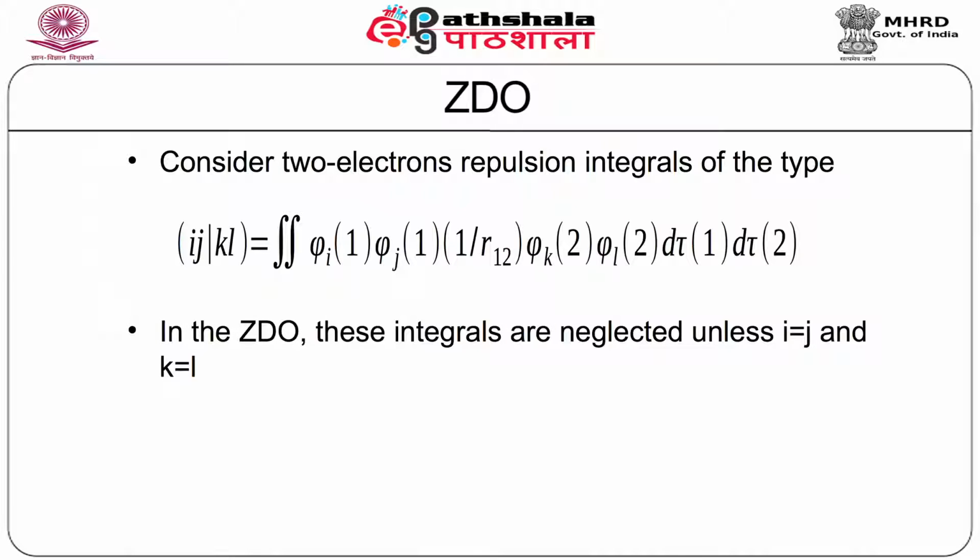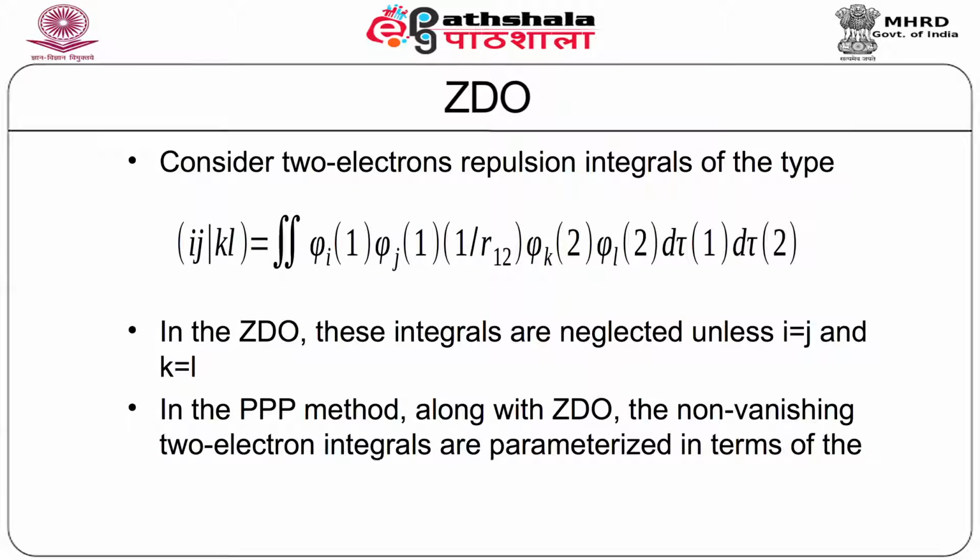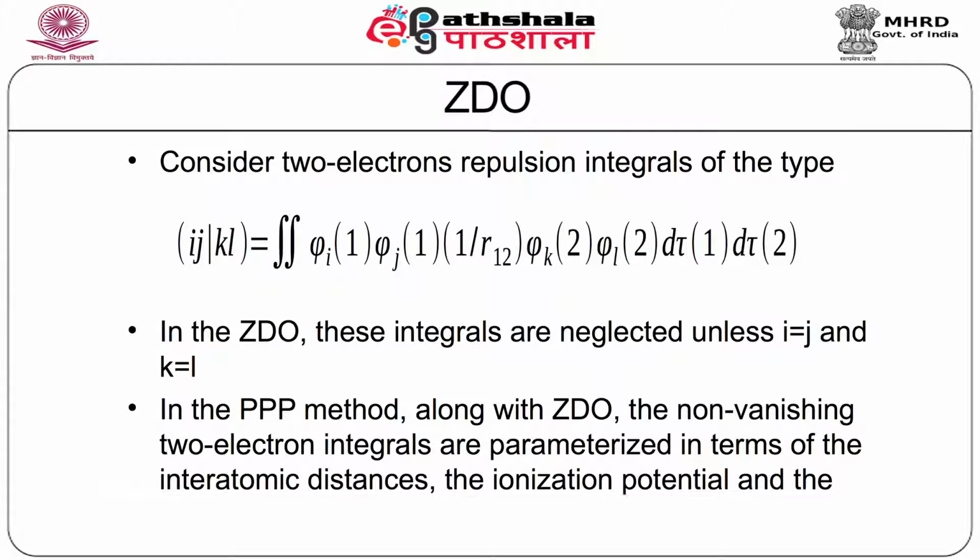In the zero differential overlap approximation, these integrals are neglected unless I equals J and K equals L. In the Pariser-Parr-Pople method, along with the ZDO approximation, the non-vanishing two electron integrals are parameterized in terms of the interatomic distances, the ionization potentials, and the electron affinities.